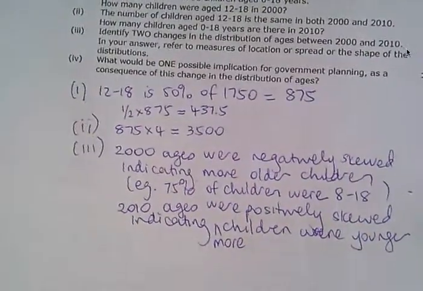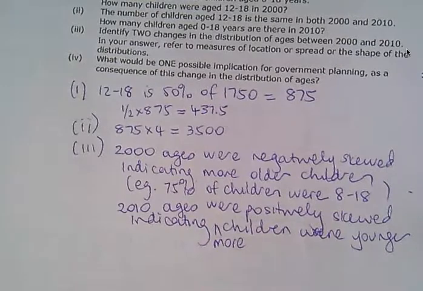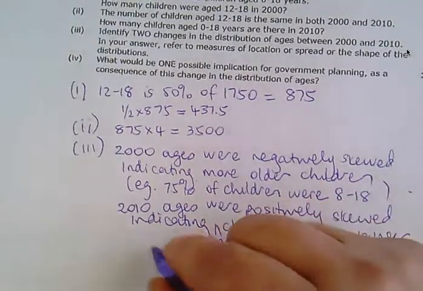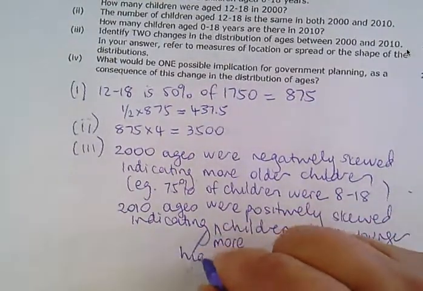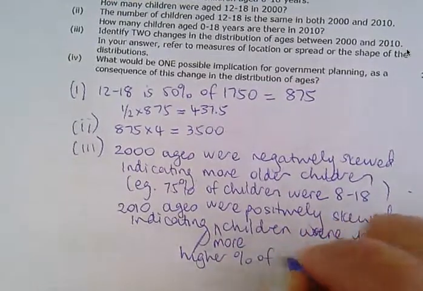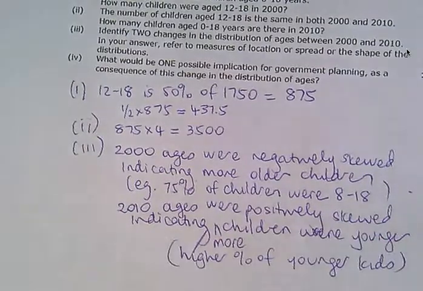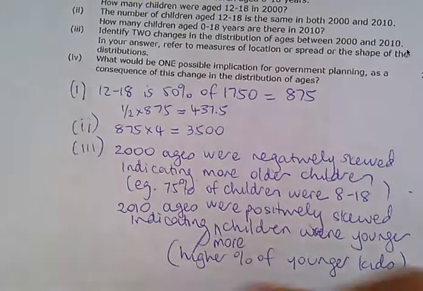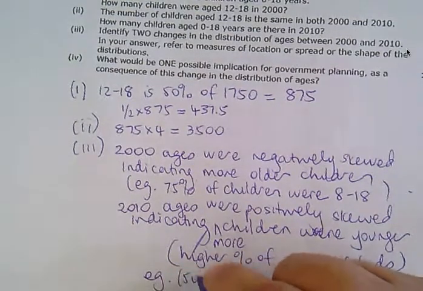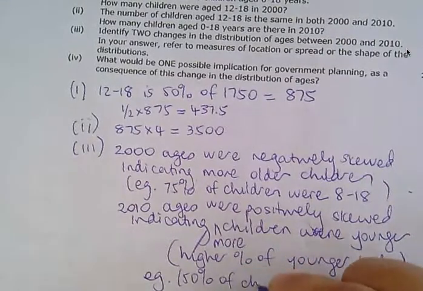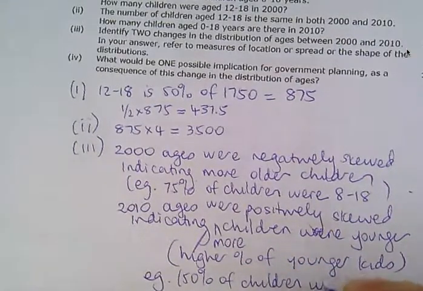Or a higher percentage of younger children in the population. That's what I need to say. Indicating a higher percentage of younger kids. Does that sound better? That sounds better. You could say, for example, half of the kids were less than 6. E.g., 50% of the children were 0 to 6.